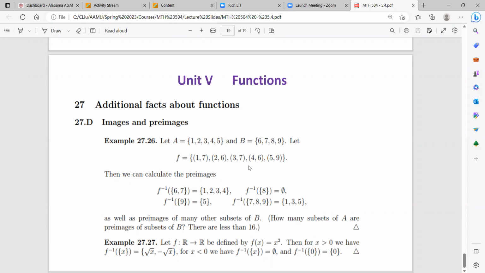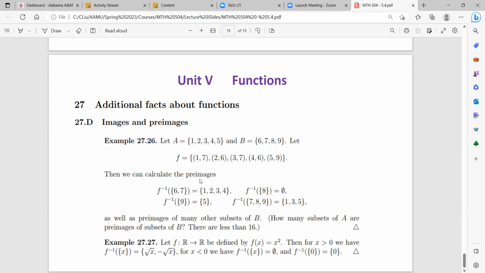So then, since we are talking about pre-images of sets, you can pick up any subset of the codomain B and try to find the pre-image under f of that. For example, if I just pick up the subset with two numbers, 6 and 7, of B, then you can find the pre-image of each of the elements in this subset of B and put them together.